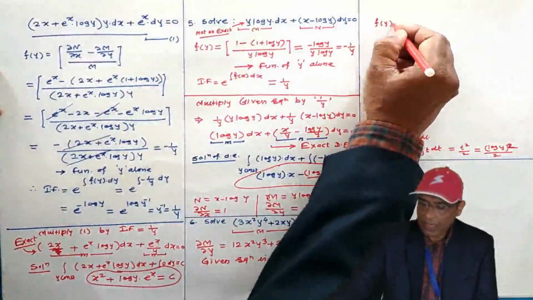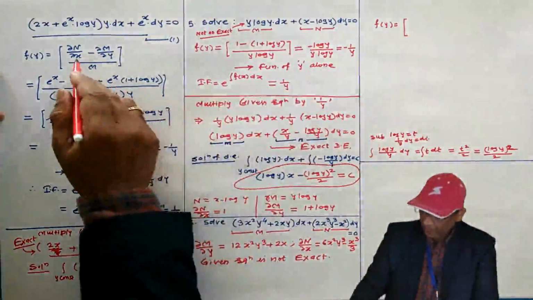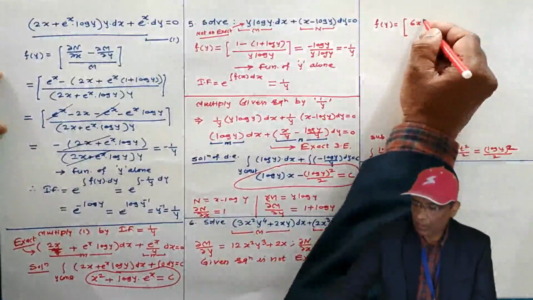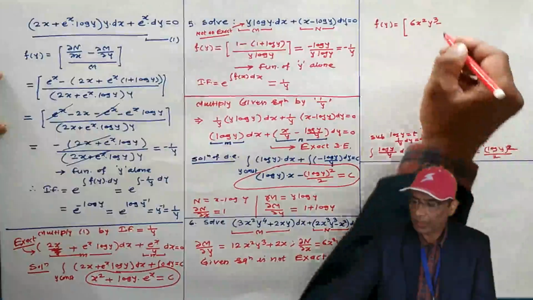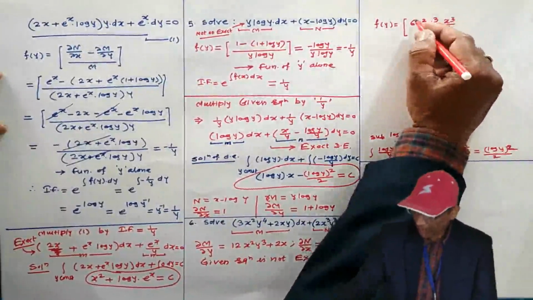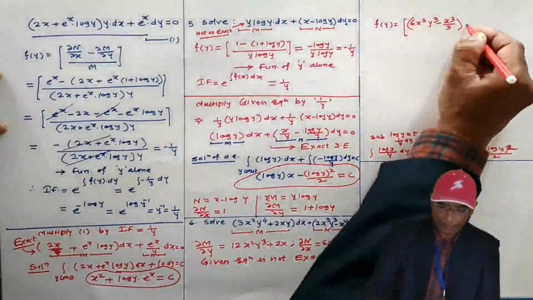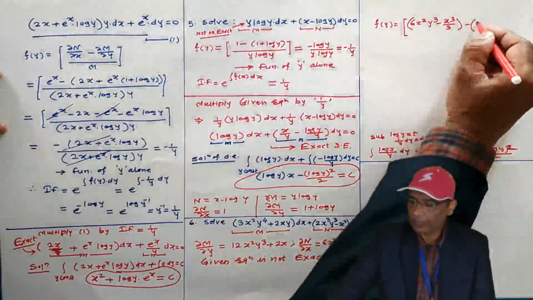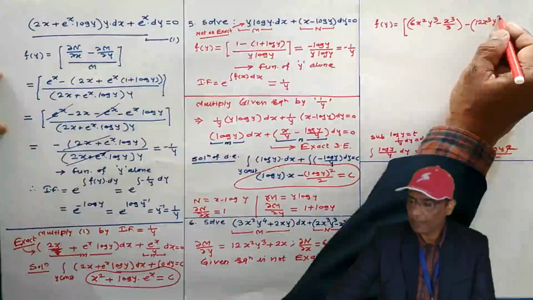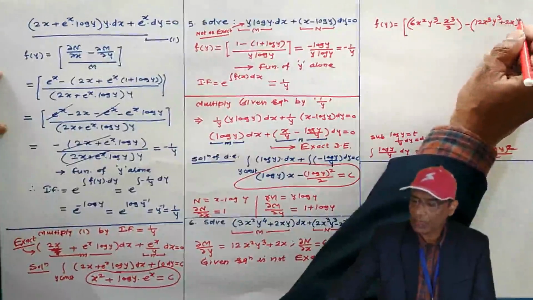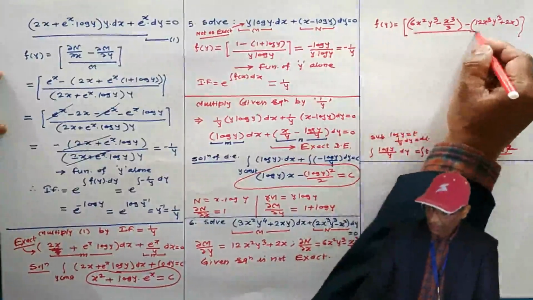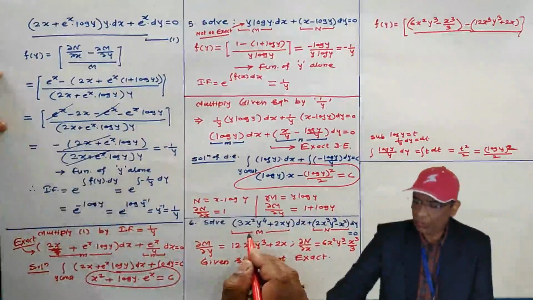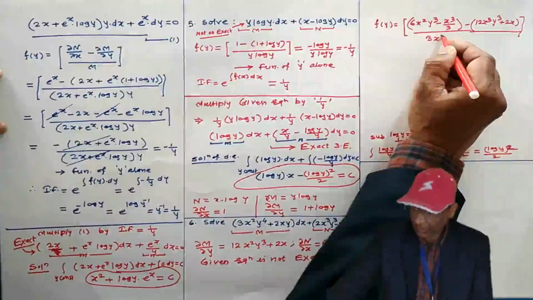Fy is del N by del x minus del M by del y, which is 6x square y cube minus x cube by 3 minus 12x square y cube plus 2x, divided by M, which is 3x square y raised to 4 plus 2xy.